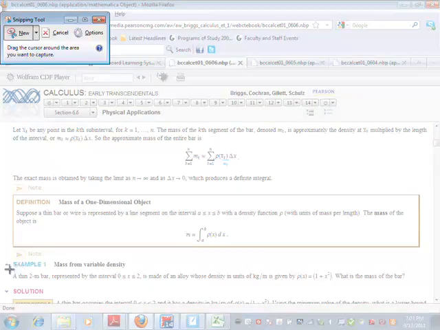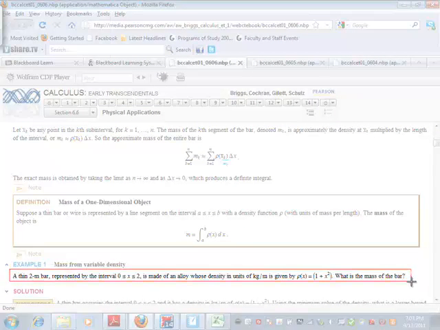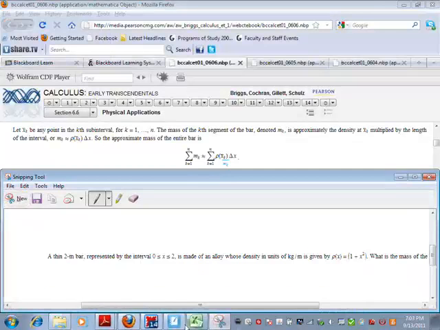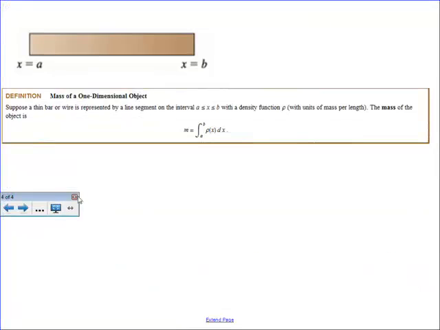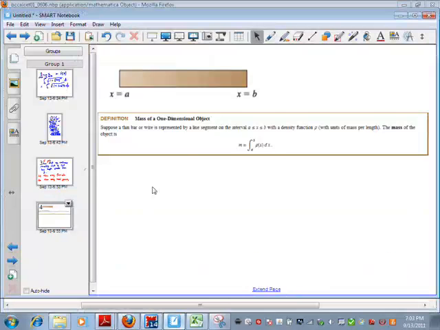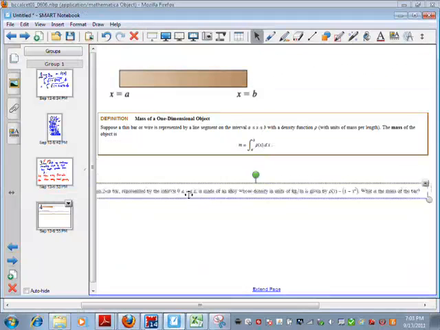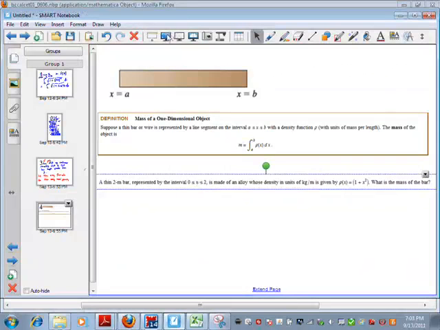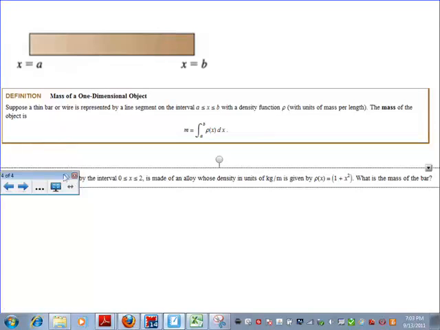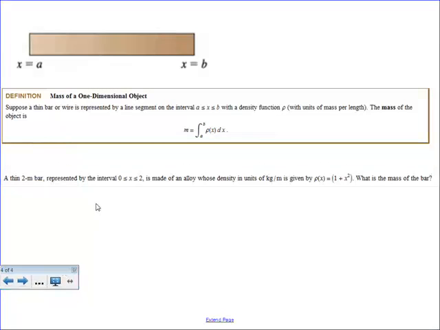And again, it's an application. That's pretty straightforward. Oh, that's right, we have some engineers in here. There weren't any engineers in my other class. You'll see the integral all the time.